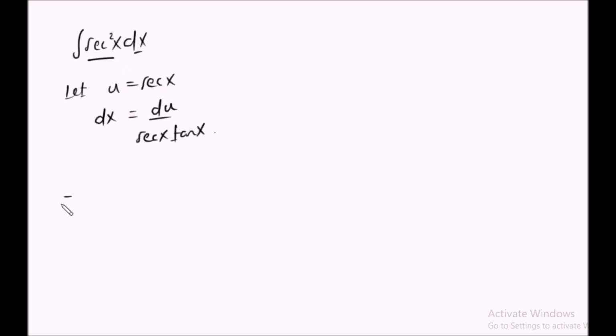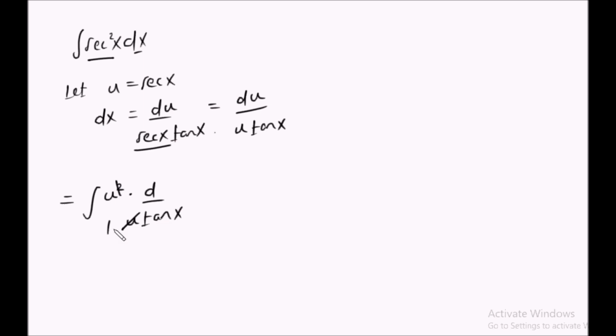So my integral now will just be u squared times, so hii sec x tumeshasema ni u, kwa hiyo sasa na du over u tan x. So hapa niseme times over u tan x. So u moja inaondoka na u moja inaondoka. So I only remain with u du over tan x.